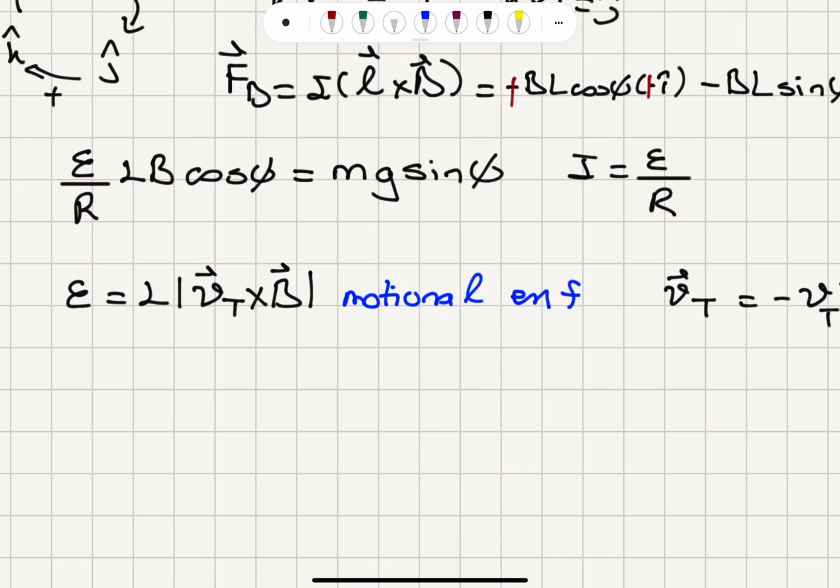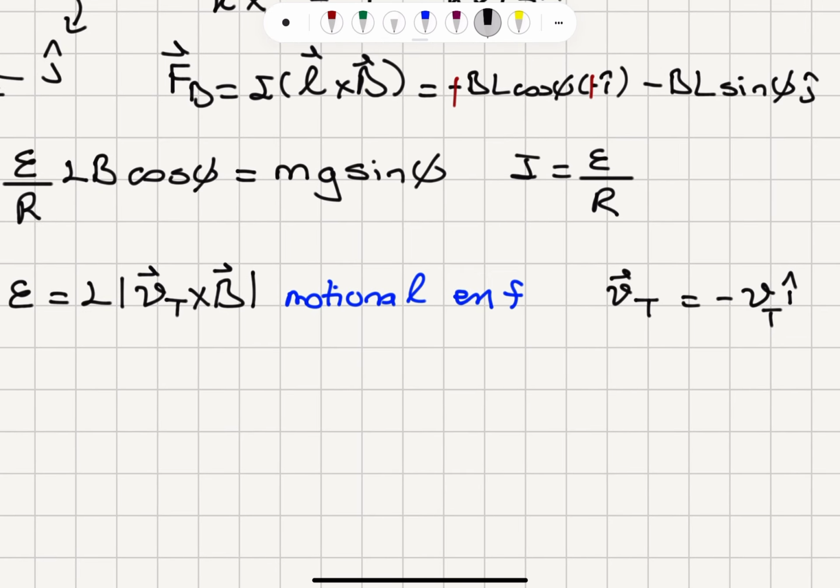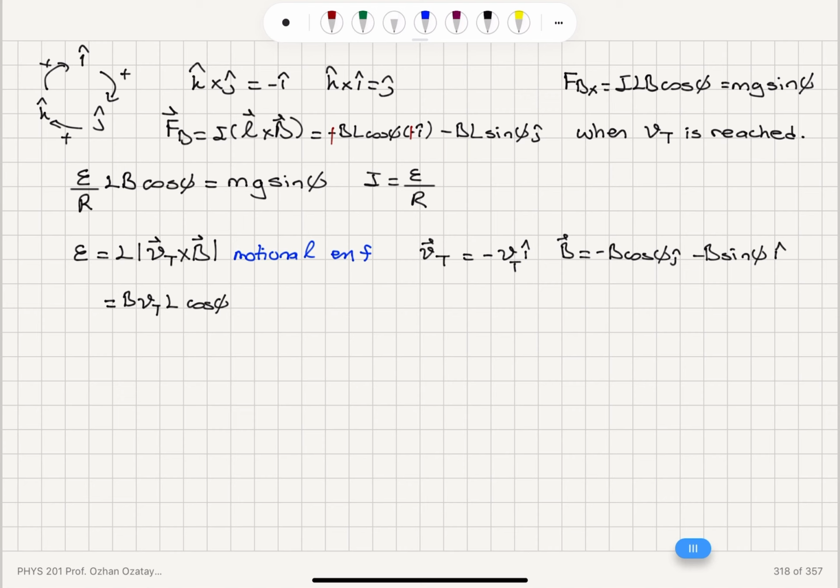So we will have, for the epsilon here, B V terminal L cosine phi, because V cross B will give us I hat cross j hat is k hat, and the cosine phi term here. This term doesn't give me any non-zero answer. So that's the motional EMF induced.